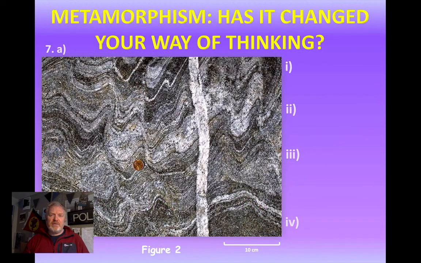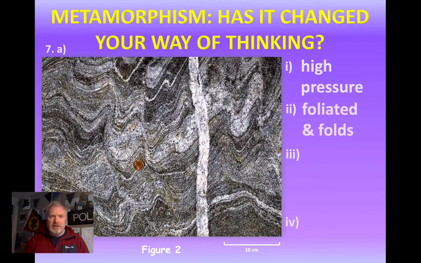If we look at question 7 then, we have our photograph of this polished surface. So the pressure that formed this rock is going to be very high pressure. Two features that tell us this are that it's foliated, and that foliation has been deformed, it's been folded or bent.